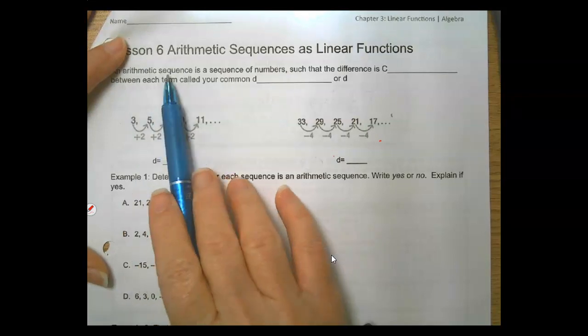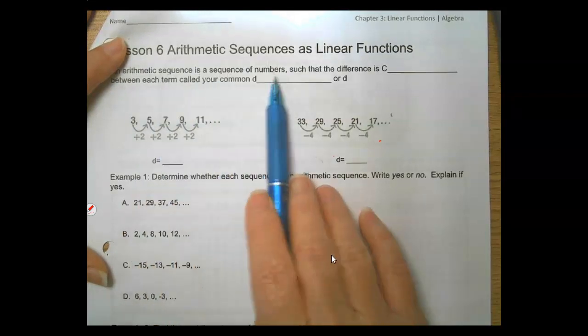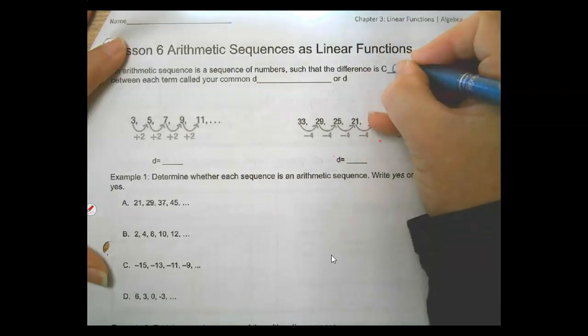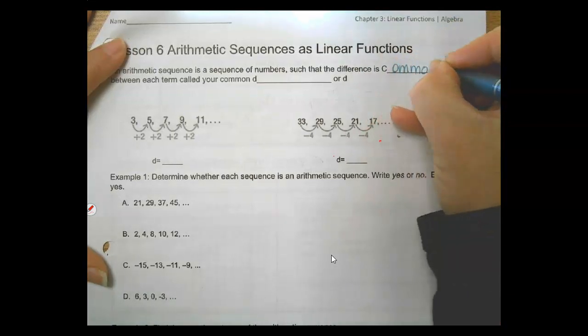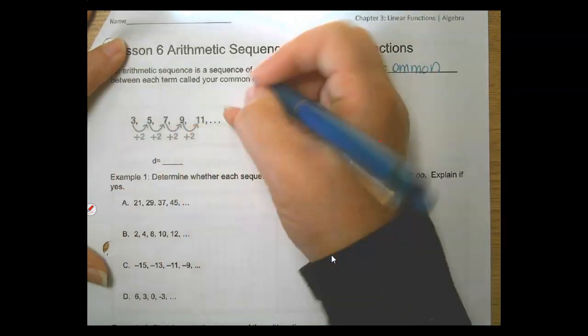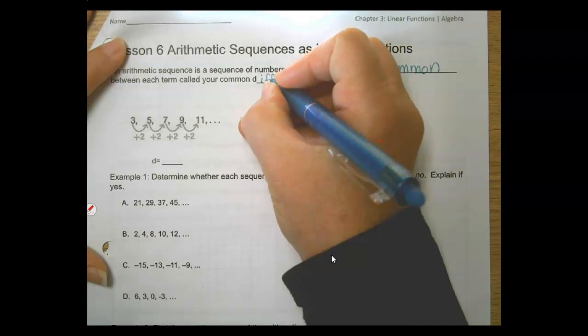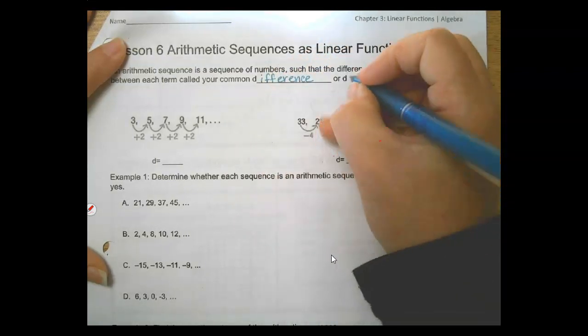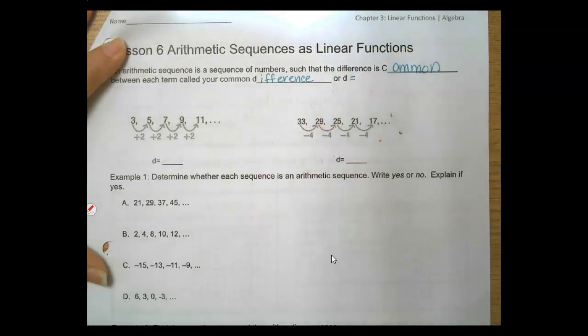So an arithmetic sequence is a sequence of numbers such that the difference is common between each term, called your common difference. So we're looking for a common difference, or D equals, is what we say.